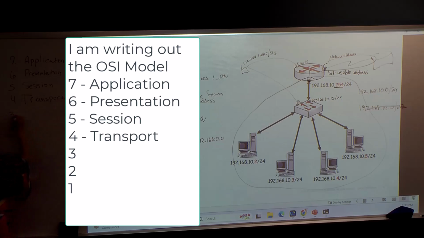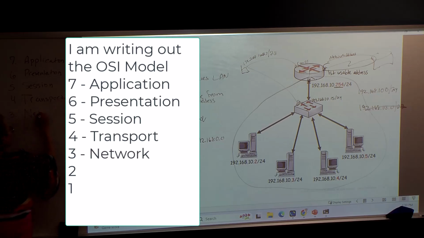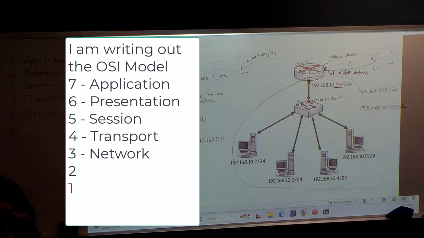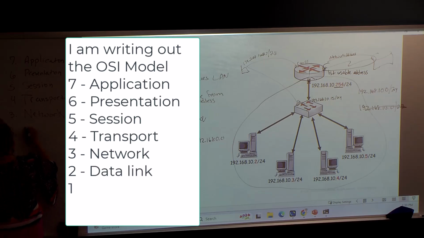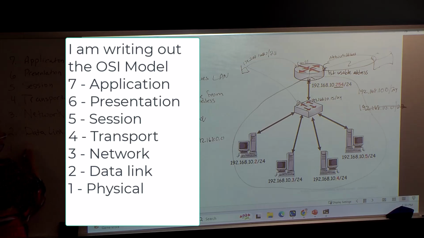Network. Joel, you gave me a good answer. George. Data link. Jonathan, number 1. Physical.